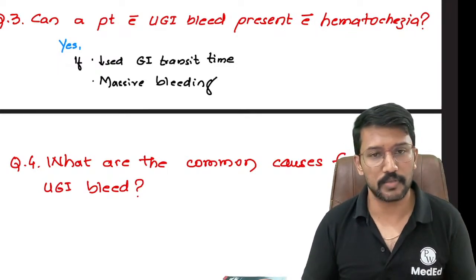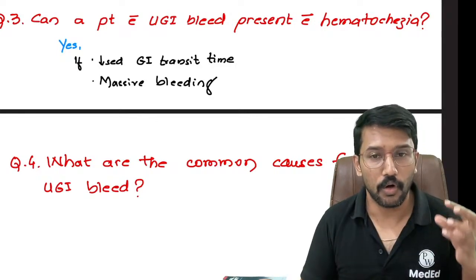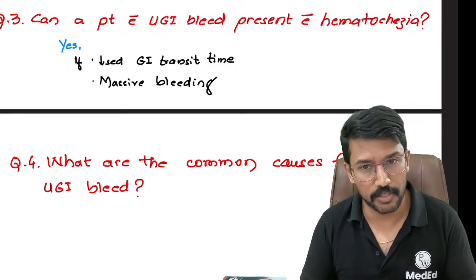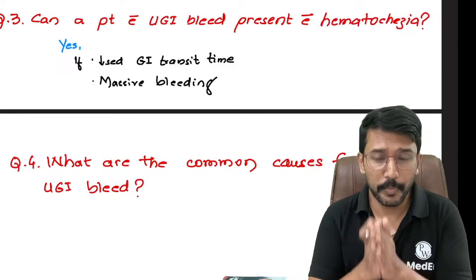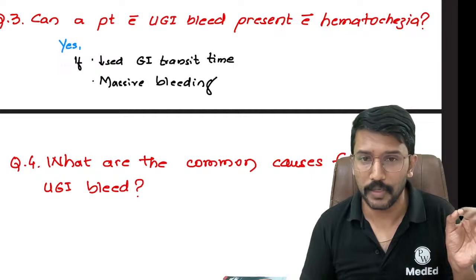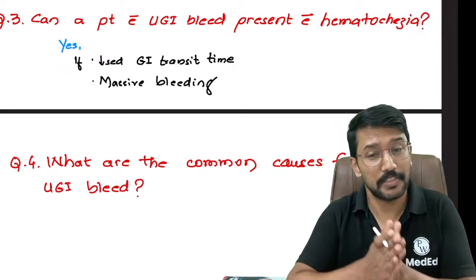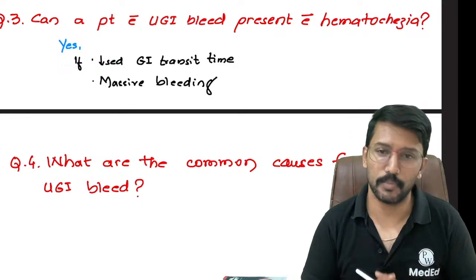So in these two circumstances, decreased gastrointestinal transit time or massive blood loss in the upper GIT, you can still present with hematochezia. If a patient presents with hematemesis and melena, it is very clear that it is a case of upper GI bleed. But patients presenting with hematochezia can still be a case of upper GI bleed.